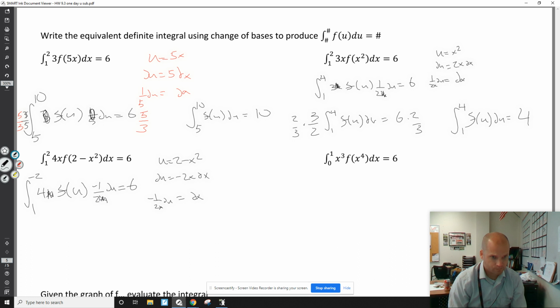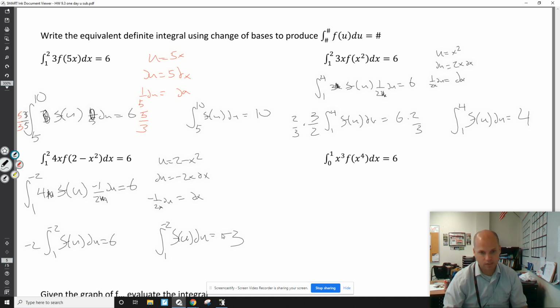X's cancel. This is a negative 2. I'll divide by negative 2, giving me the integral from 1 to negative 2 of f of u du equals negative 3.